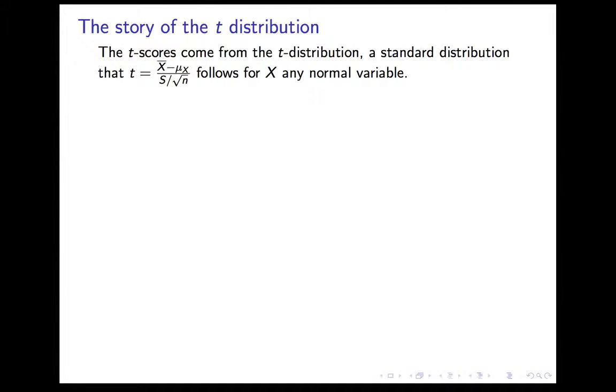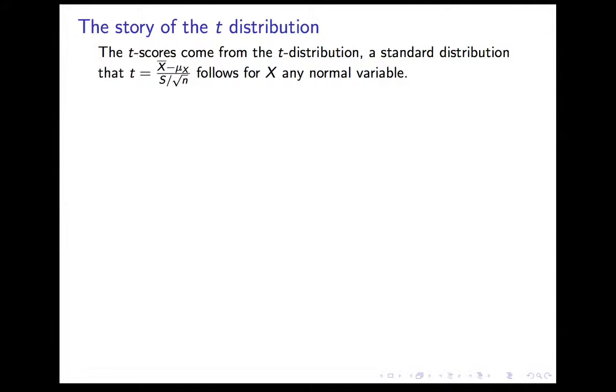A few words about where this t-score comes from before I show you the template. The t-scores come from a standard distribution called the t-distribution. Statisticians tend to refer to standard distributions like the normal distribution by a letter. The normal distribution is called the z-distribution because of the z-scores that are so closely related to it. So this is the t-distribution.